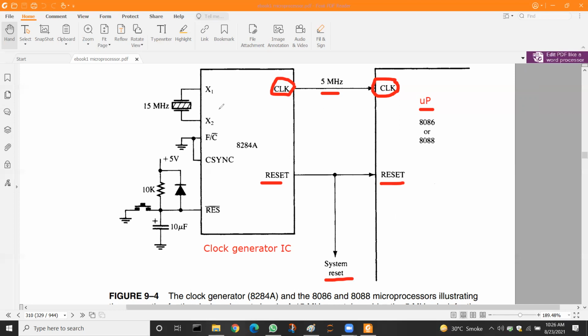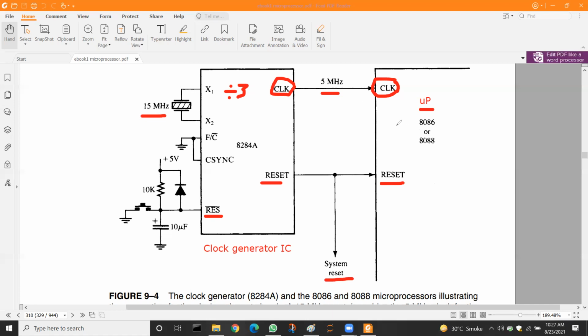There is also some additional circuitry, as you can see on the left side. This circuitry provides a reset to the clock generator circuit, and also a crystal of 15 megahertz is attached, and internally there is a divide-by-3 circuit, which divides the 15 megahertz to 5 megahertz, and then this 5 megahertz signal is used by the microprocessor.